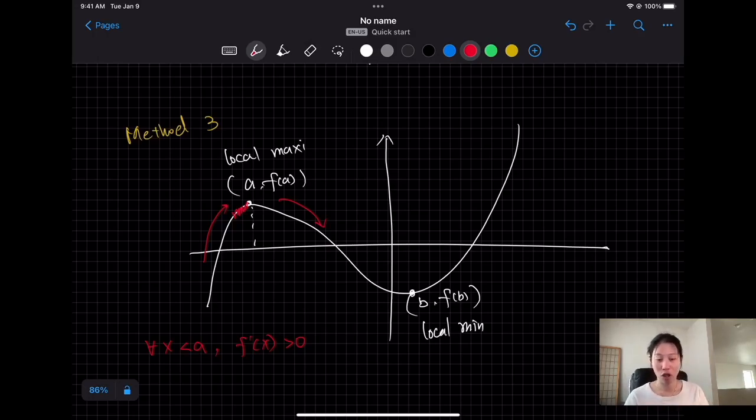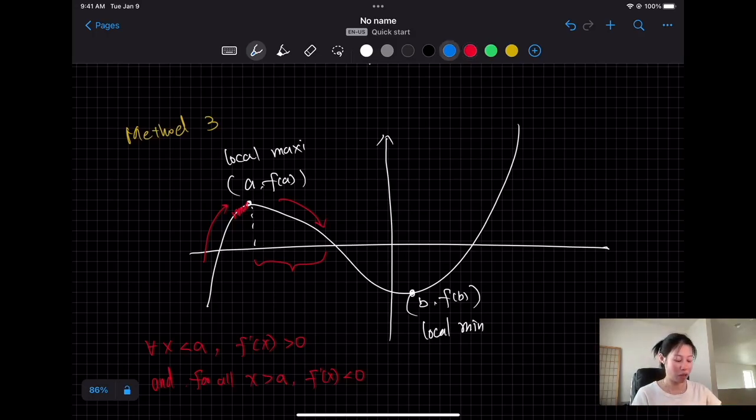Then the first derivative is positive. And also, for all x greater than a, which is on the right side of a, the derivative is less than 0 because it's decreasing, then we can say, hey, at a, this is a local maximum.